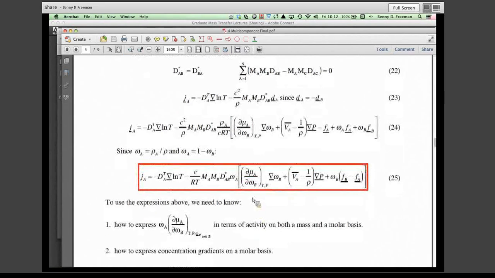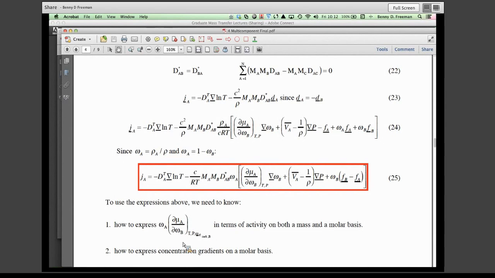And in order to use this in practical solution to practical problems, we need to have a relationship that relates the chemical potential of A to composition, so that we can evaluate this expression in terms of temperature, pressure, and composition.